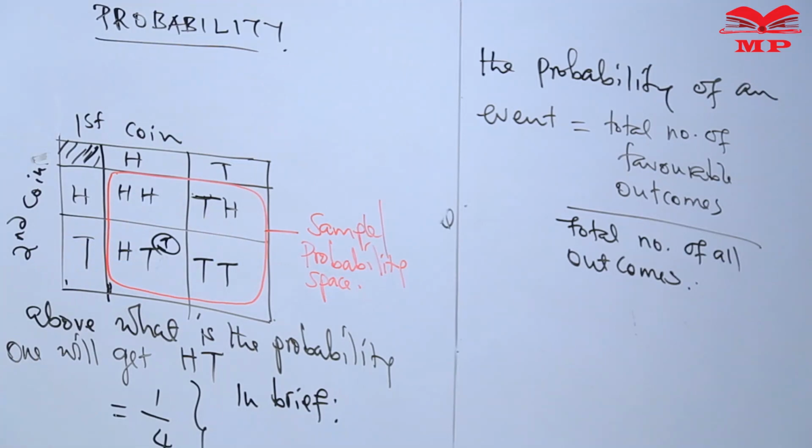So total number of favorable outcomes divided by the total number of all outcomes.